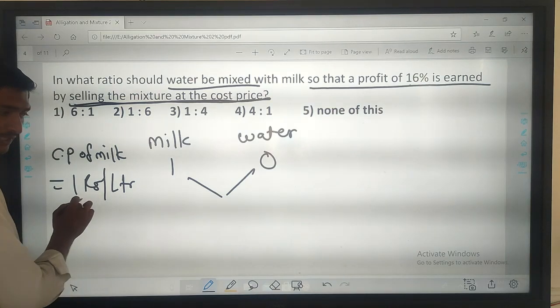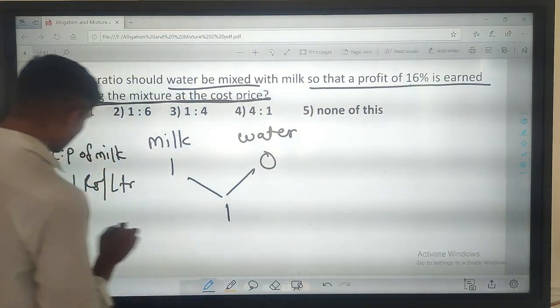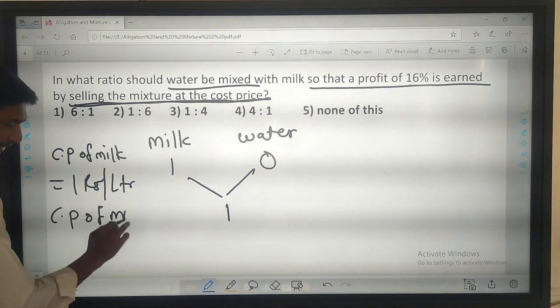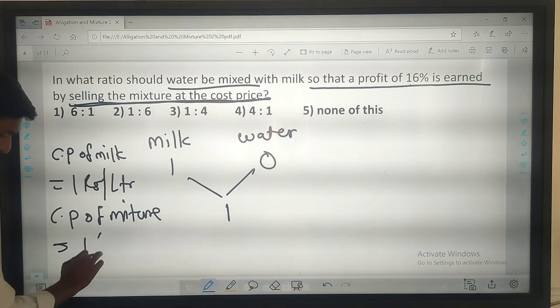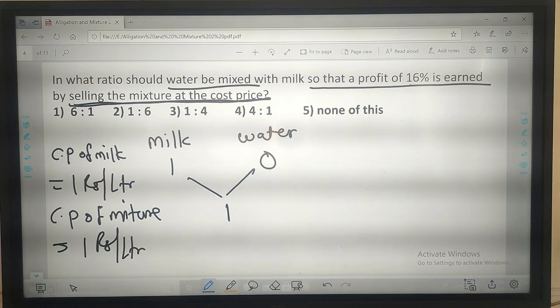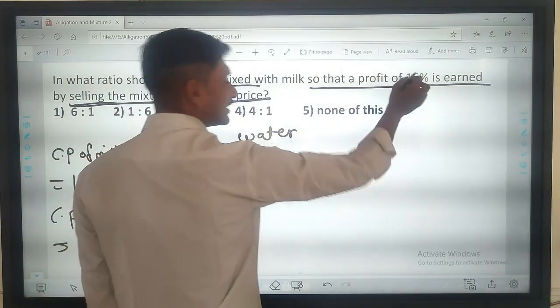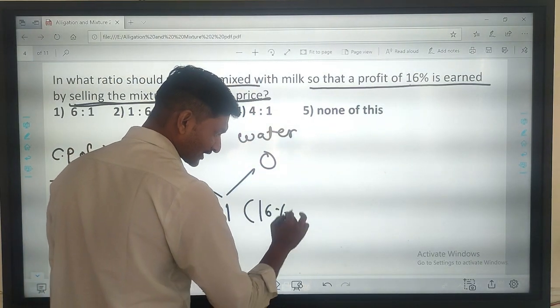Then the cost price of the mixture is 1 rupee per liter. But here the profit is 16%.